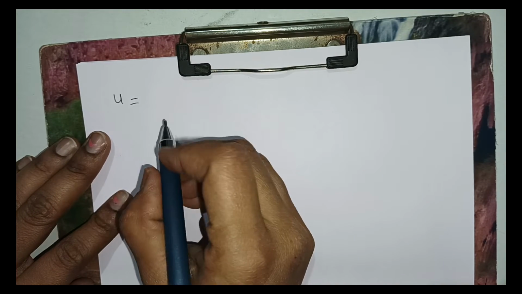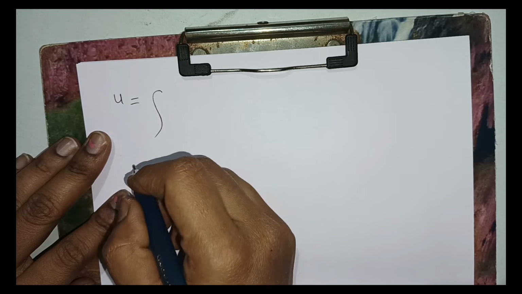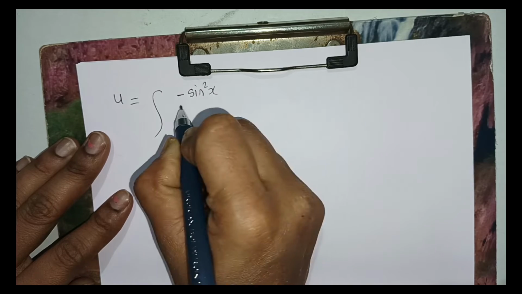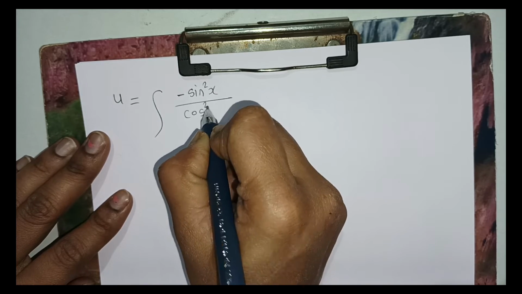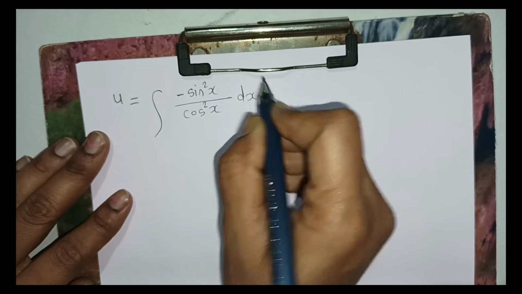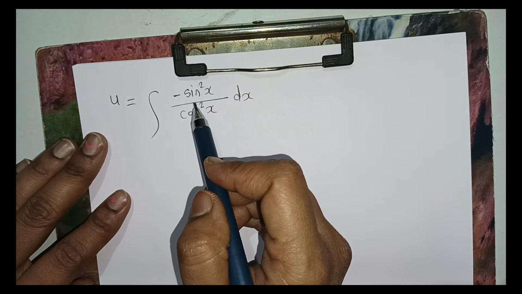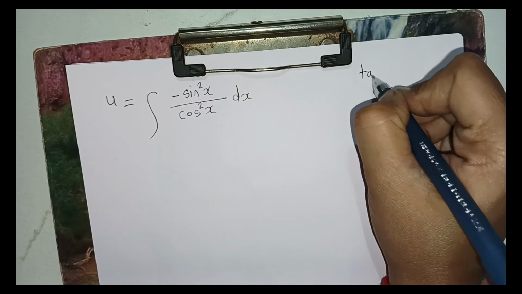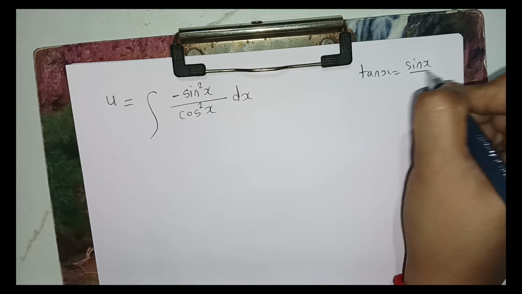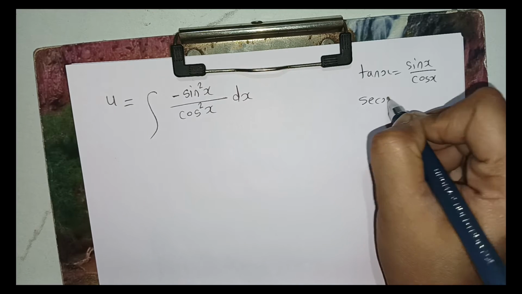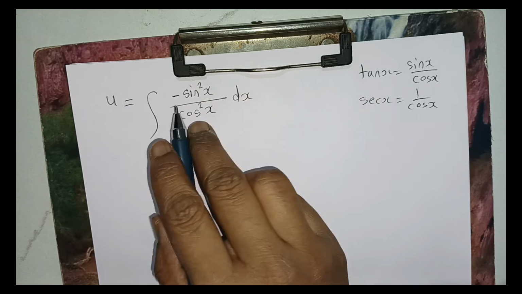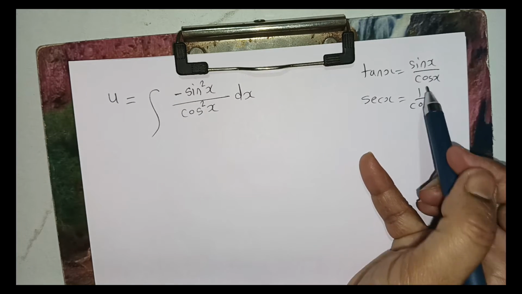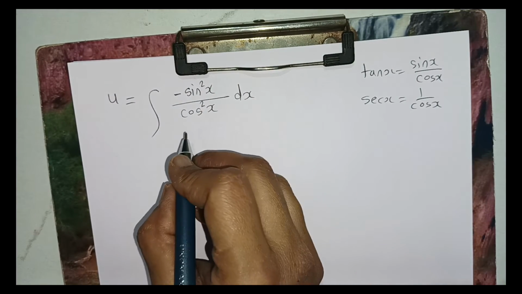So u is equal to integration of minus sin square x divided by cos square x dx. Why? Because you have sin x in the numerator from tan x, since tan x is equal to sin x by cos x, and sec x is equal to 1 by cos x. So the product of all numerators is sin into sin, sin square, and the product of all denominators is cos into cos, cos square. So the denominator is cos square x.